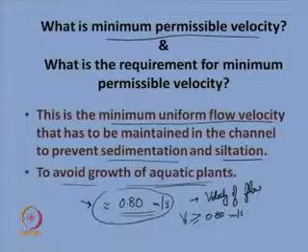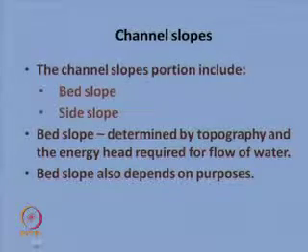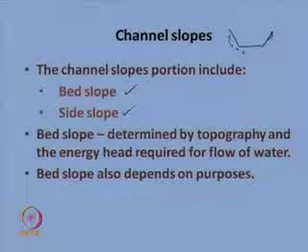The next factor we suggested in the design of the channels is the channel slopes. So, what are the channel slopes that are present? For any channel, there are bed slope and side slope. You know what is meant by bed slope.